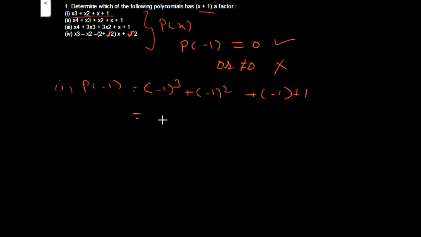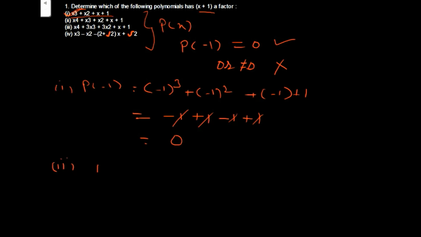Opening the brackets, here I have minus 1 cube is equal to minus 1, and minus 1 square is plus 1, plus 1. Then I got minus 1 and then again plus 1. This implies what I got? This will cancel out and I will get 0. So x plus 1 is a factor of this polynomial. That's what we have found.